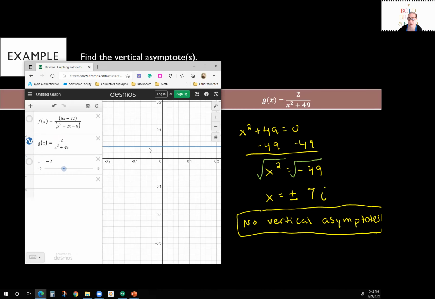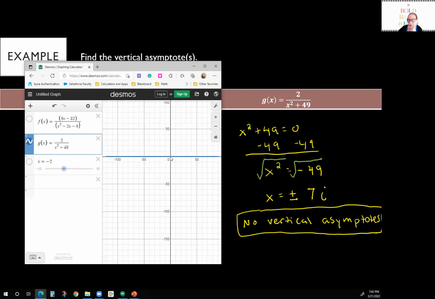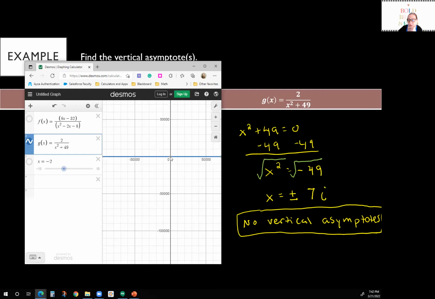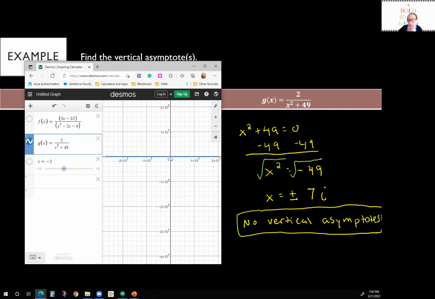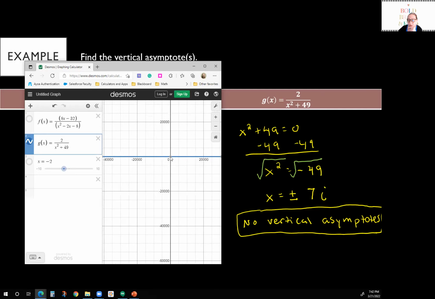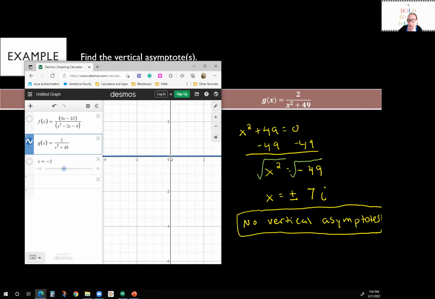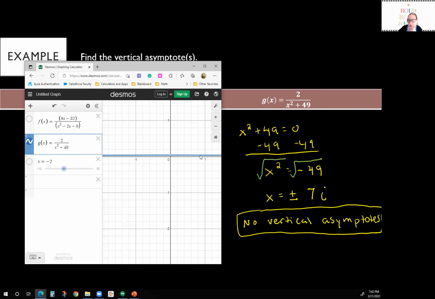So it just looks vertical here. Sometimes we get funny graphs like this. I never know if zooming out or in makes it more interesting.